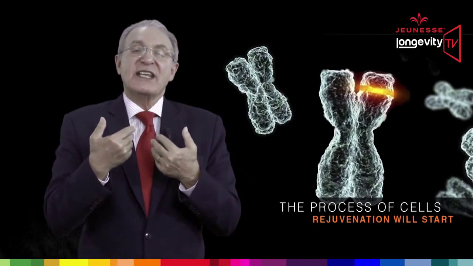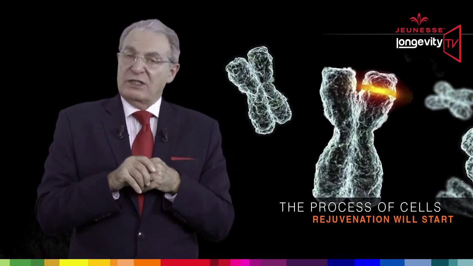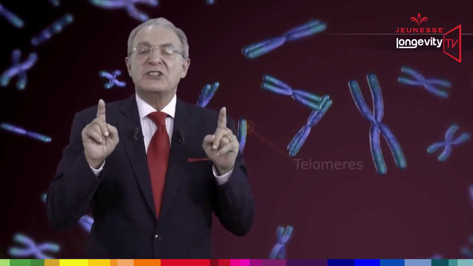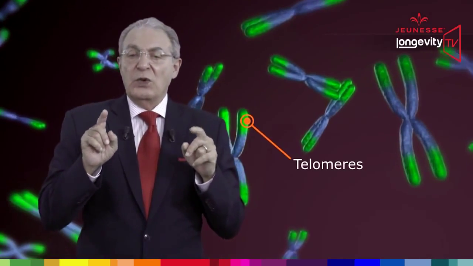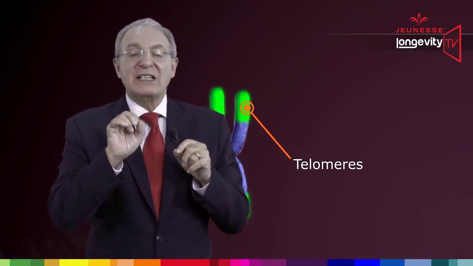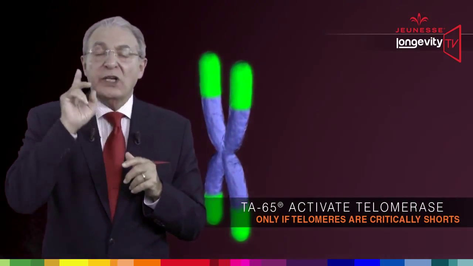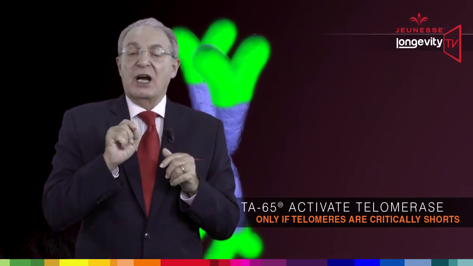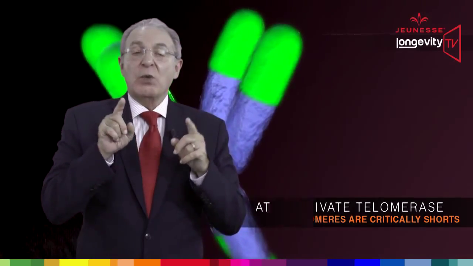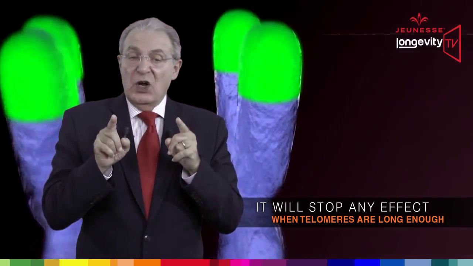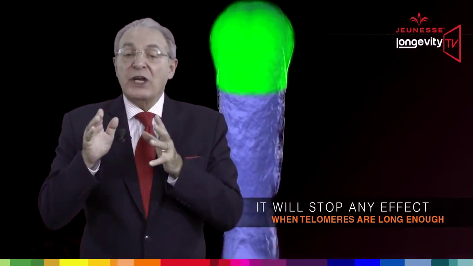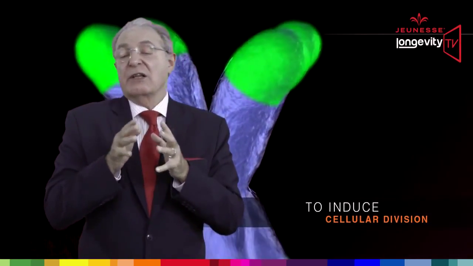And if you take it on a regular basis, the process of cell rejuvenation will start. The good news is that TA65 has a so-called transient effect, which means that it will activate telomerase only if telomeres are critically short, and will stop any effect when telomeres are long enough to induce cellular division.